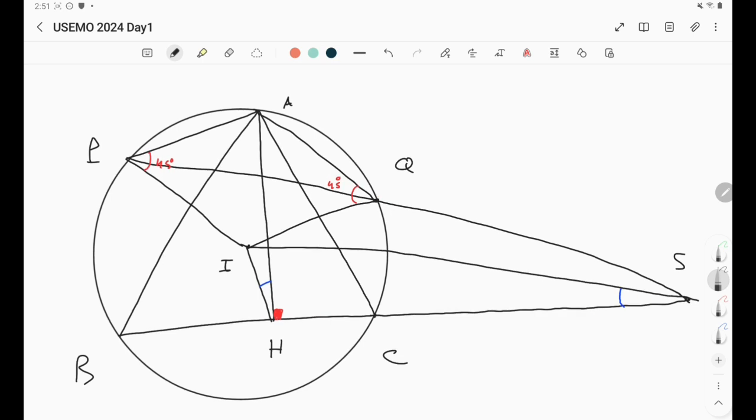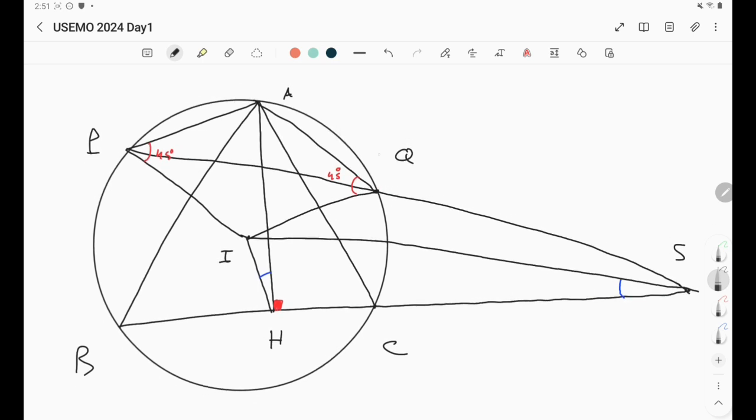First of all, if we want to use the complex bashing technique, then usually the standard approach is just to take the circumcircle to be the unit circle, and we have A, B, and C. They are all on the unit circle. But the problem is, how do we define I?